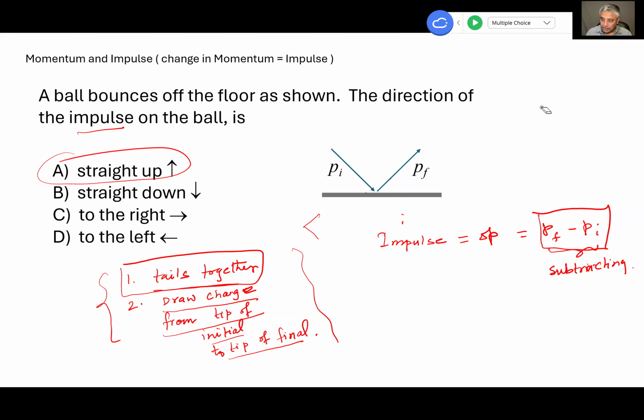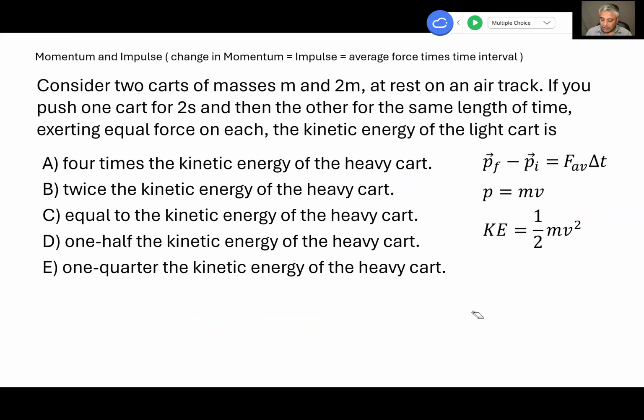Okay, so now there is another question related to momentum and impulse. So here are some related formulas.